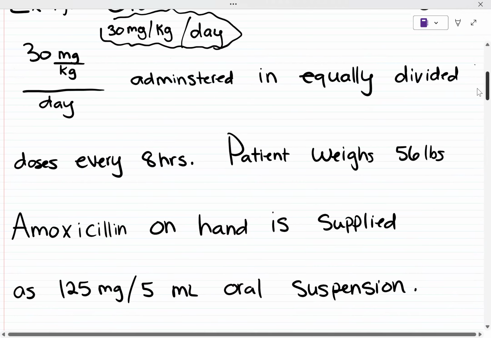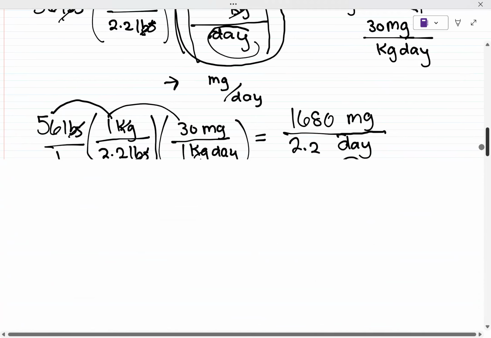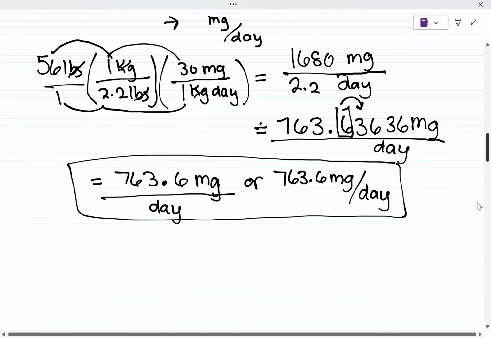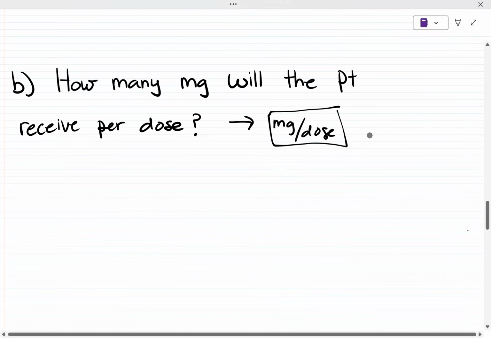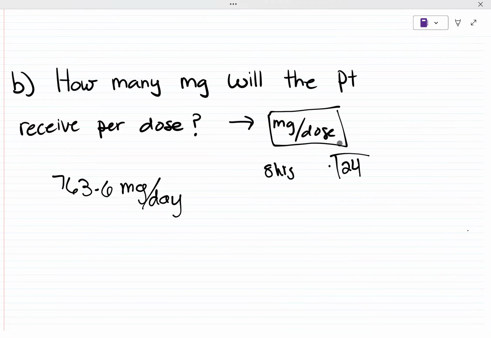Because in part of the legend, it did say something about every 8 hours, right? So in one day, there's 24 hours, right? So the answer from part A was 763.6 mg per day. But it's distributed every 8 hours, and in one day there's 24 hours, so 24 divided by 8, that's 3.